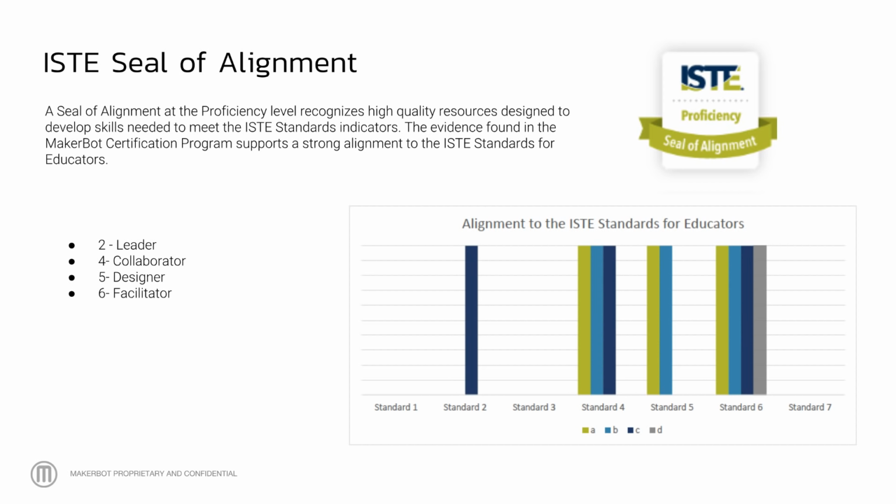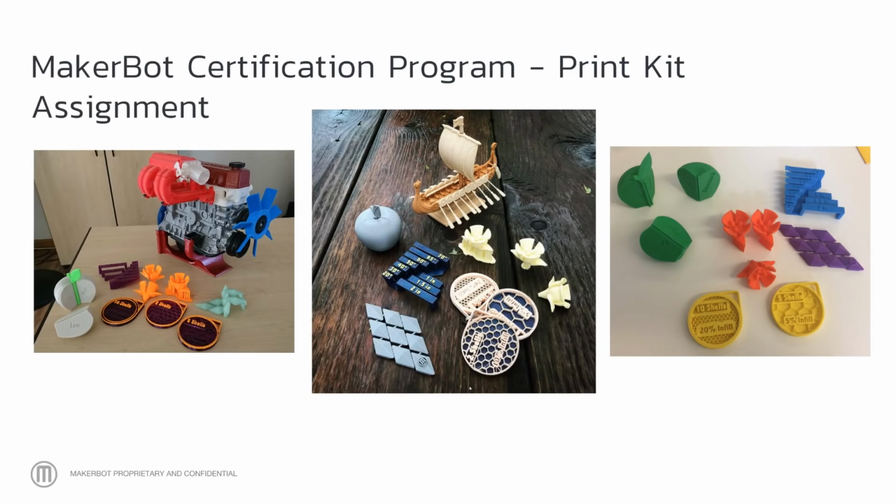That's great. And after that, we also have something that comes out of certification. For level 2, the curriculum creator, which is when you start to find ways to integrate this technology into the classroom, we ask the educators taking this to create a print kit. A print kit shows the different principles of 3D printing.